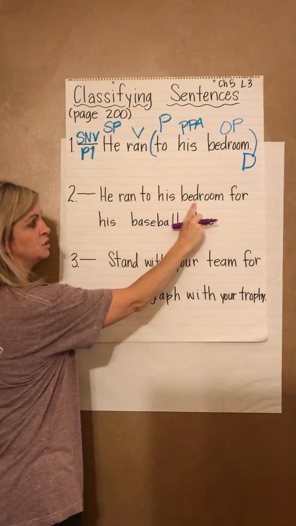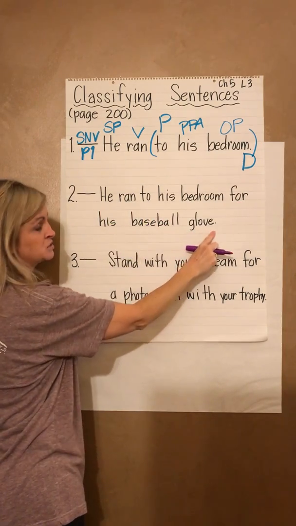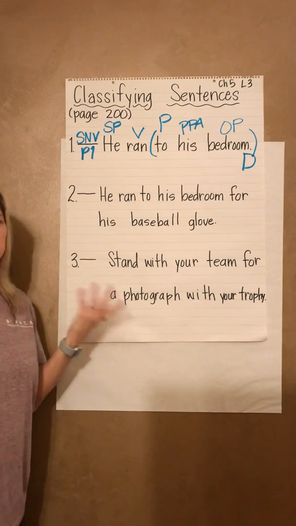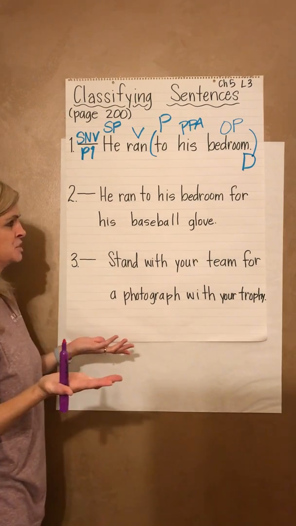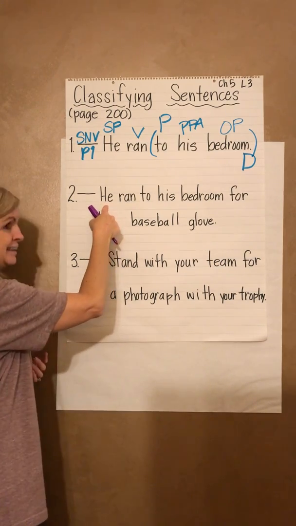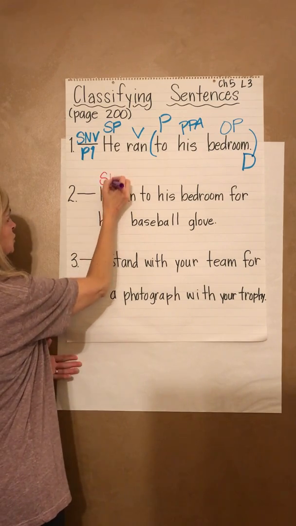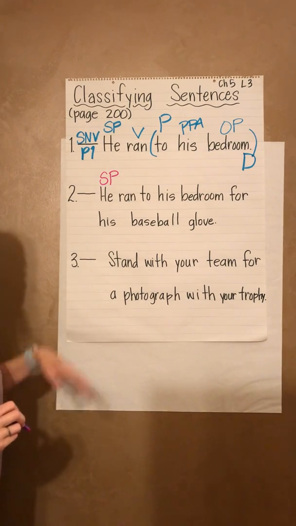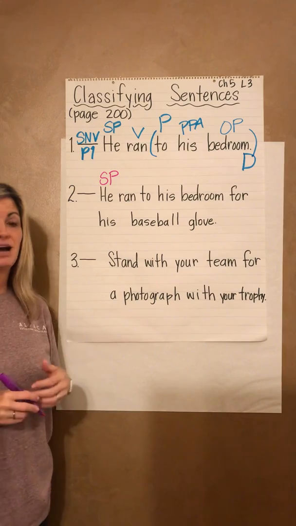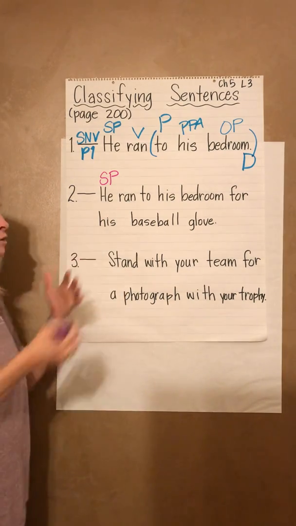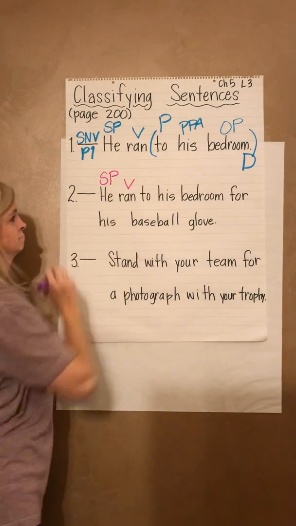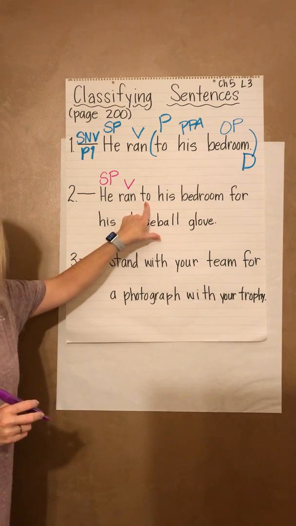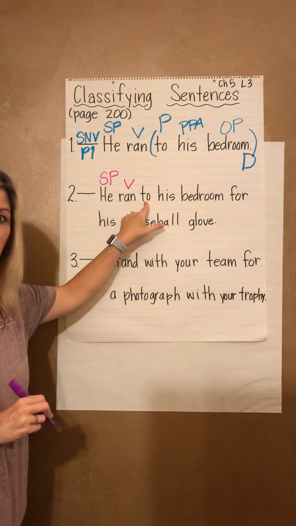He ran to his bedroom for his baseball glove. Who ran to his bedroom for his baseball glove? He. Subject pronoun. What is being said about he? He ran. Verb. And here's this word to again. It's probably going to be a preposition.